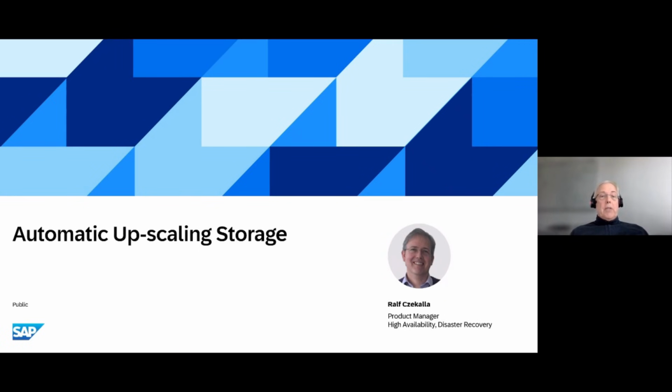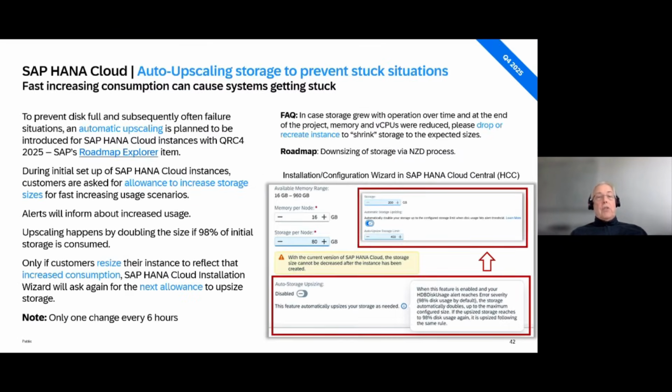Last one, automatic upscaling of storage. You might have had a situation in the past where, probably because you loaded more and more data into your database, the storage of the database was filled up very quickly and could even cause downtimes, because the whole database got stuck and all kinds of follow-up situations could happen.